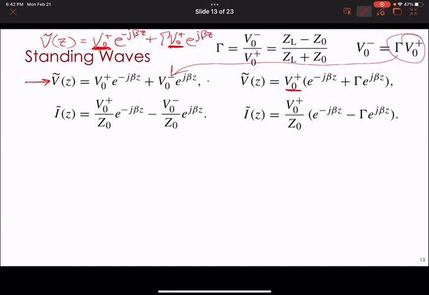So we went from there to there. All we did was plug in V0 minus equals gamma V0 plus, and then factor out the V0 plus. We could do the exact same thing for the I.